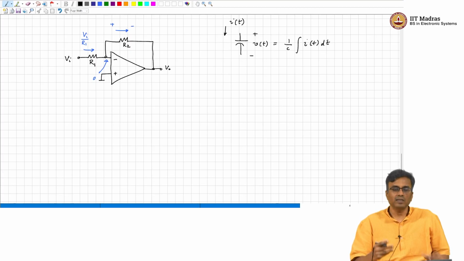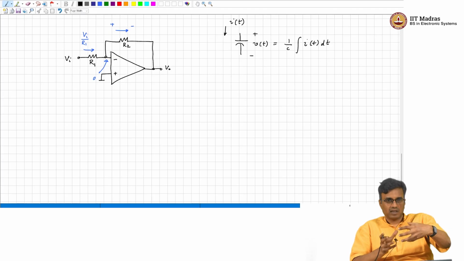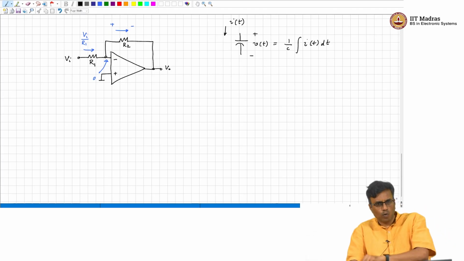So, the capacitor integrates a current and generates a voltage proportional to the integral of the current, correct. That is the Lego block we have, which is capable of integration. But we want to integrate a voltage and generate a voltage.